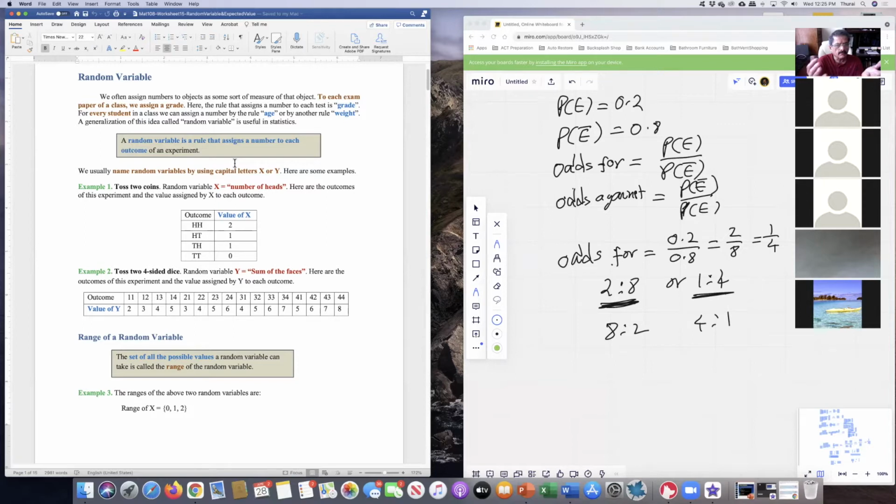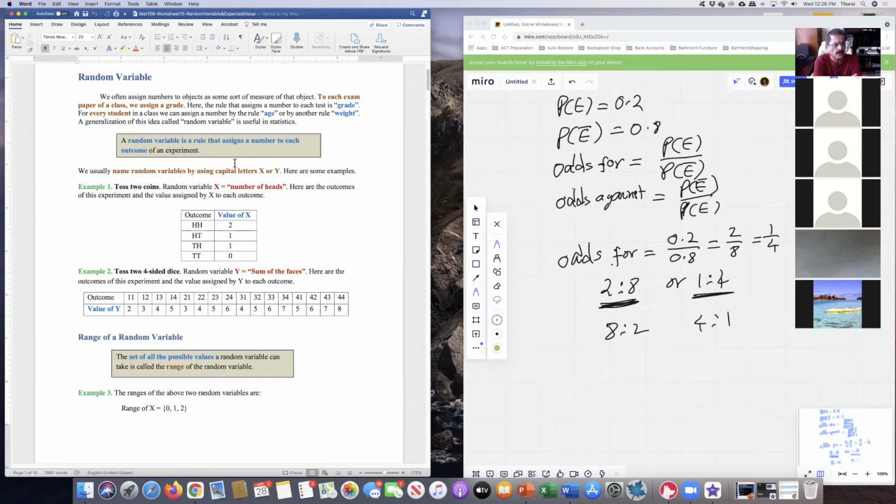In real life situations, every exam paper has an associated number, which is a grade. And for every student, we can assign a number, which will be either age or height or things like that. So a variety of different numbers can be assigned.